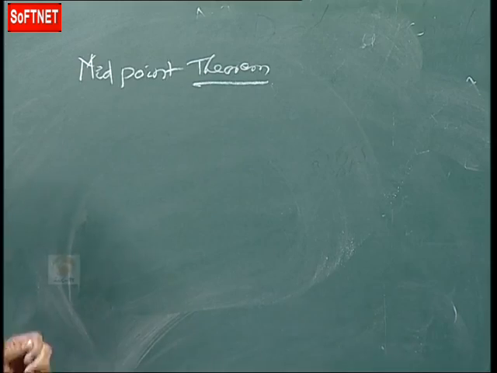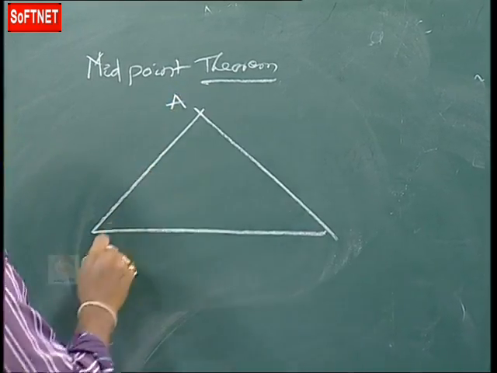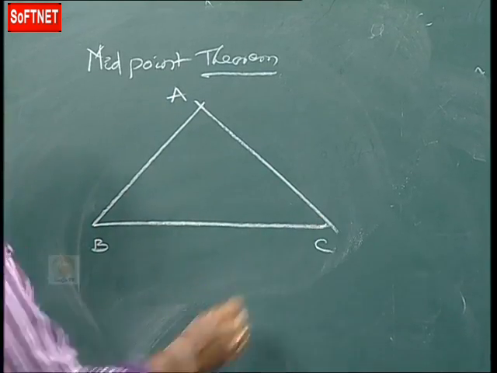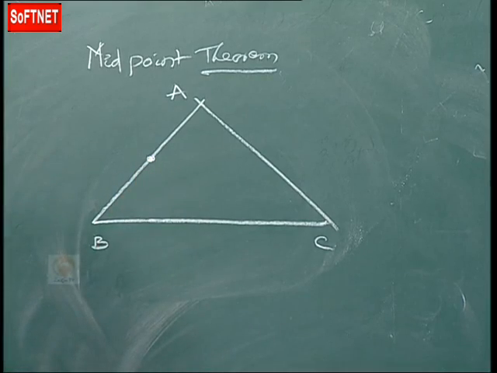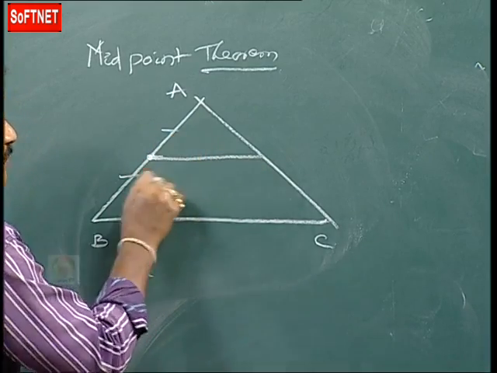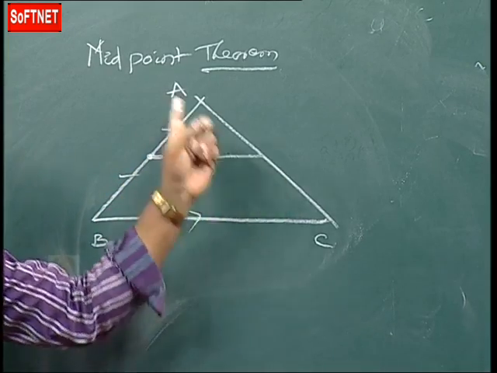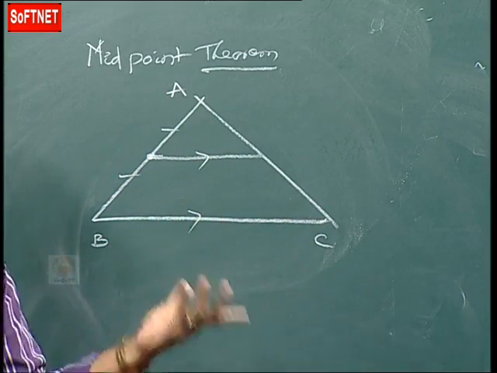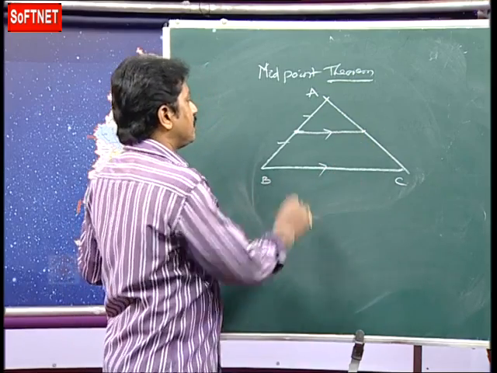And the midpoint theorem means in a triangle ABC, the line drawn from the midpoint of one side parallel to the other side divides the third side in the same ratio. Clear? This is called the midpoint theorem.